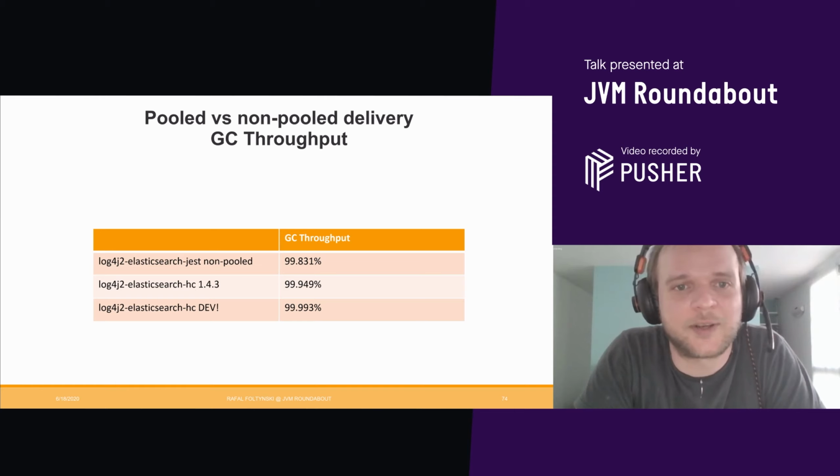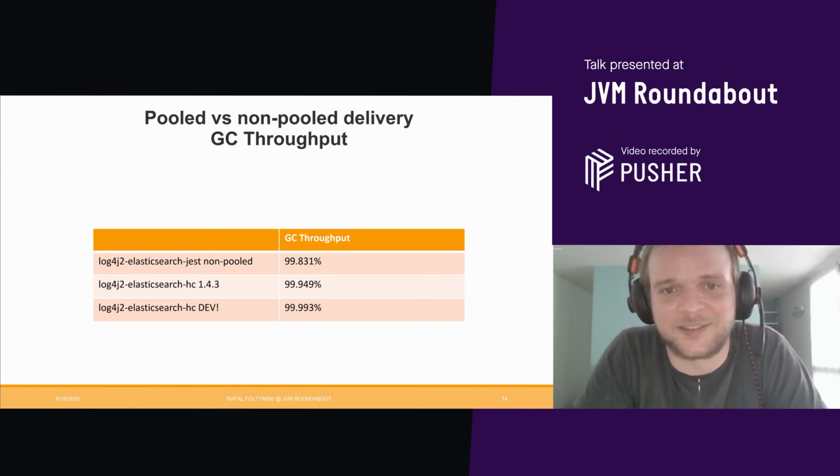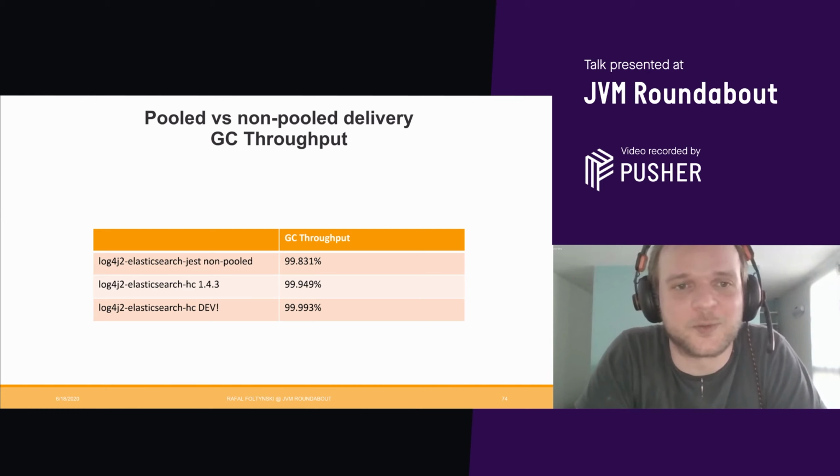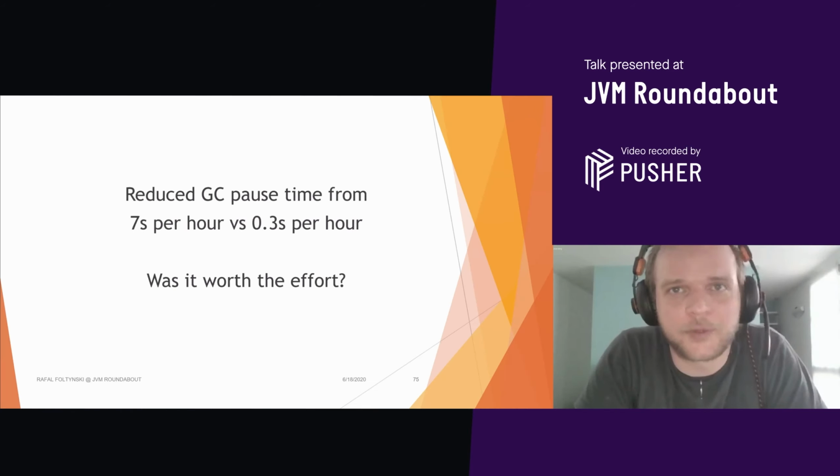The crazy HC version needed only thousandths of a percent to actually do the GC work. So reduce the pause time from roughly 7 seconds per hour to 0.3 seconds per hour.